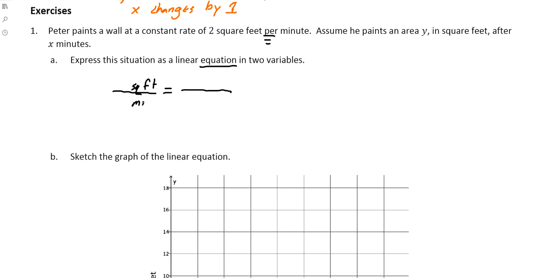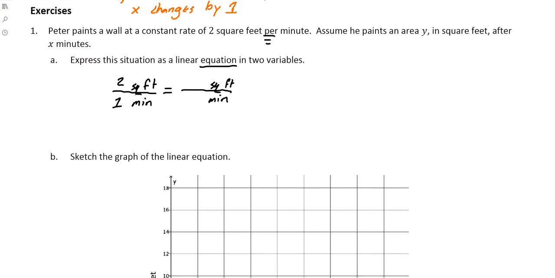On the bottom I'm going to put minutes. And whatever's on one side I'll put on the other. On this side, let's use the numbers they actually give us. So they give us 2 square feet per minute. That means per 1 minute.